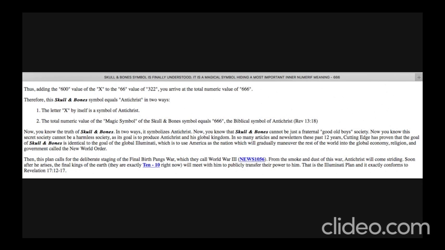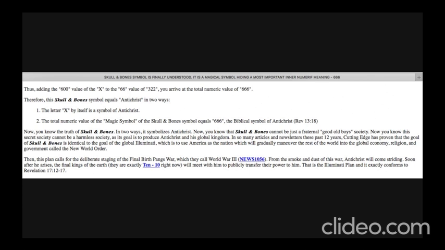Now you know that skull and bones cannot be just a fraternal good old boys society. Now you know this secret society cannot be a harmless society, as its goal is to produce Antichrist and his global kingdom. The goal of skull and bones is identical to the goal of the global Illuminati, which is to use America as the nation which will gradually maneuver the rest of the world into the global economy, religion, and government called the New World Order.